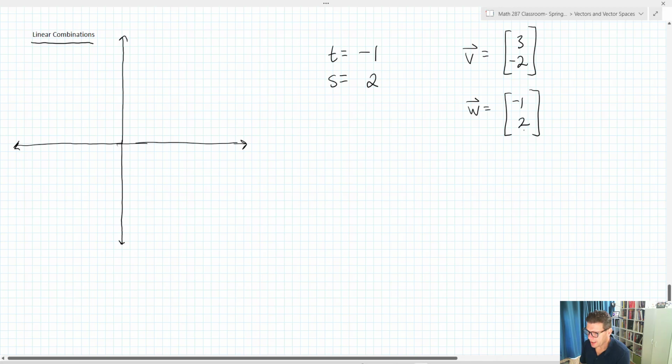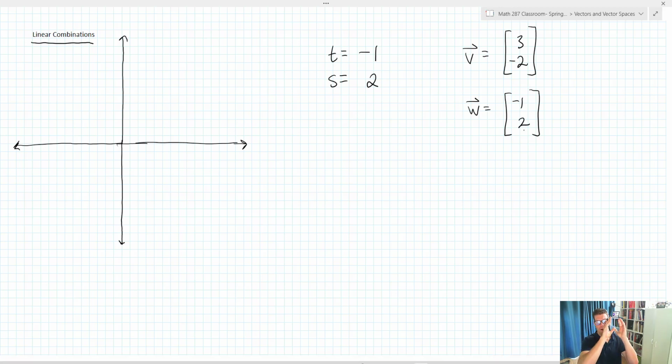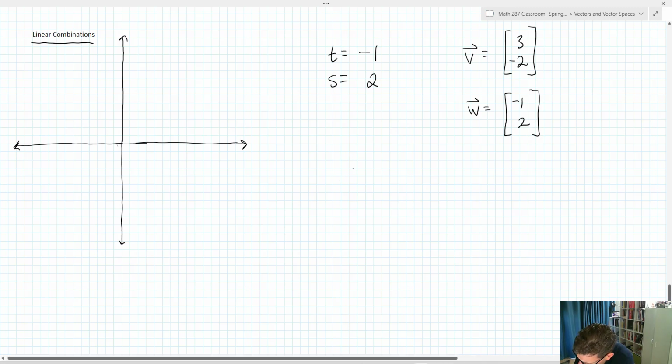Now, our linear combination is going to be a vector times a scalar plus a vector times a scalar, or a combination of vectors and scalars, right? And that's what makes a linear combination. So, for example, we might have TV plus SW.